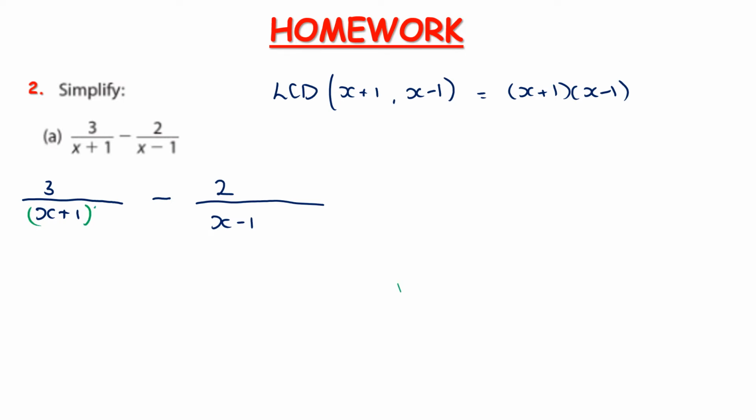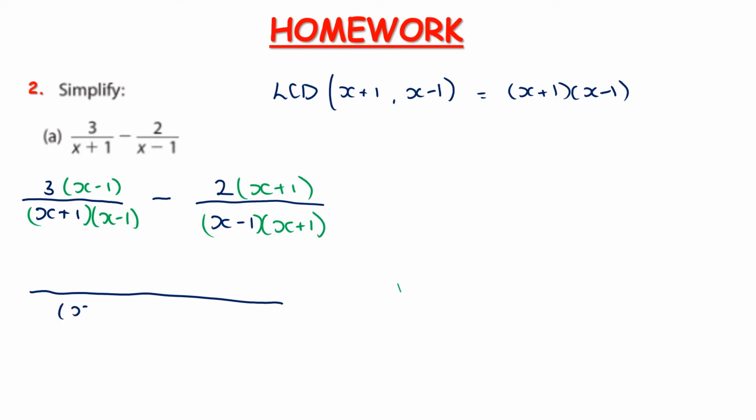The denominator has an x plus 1, so I'm going to multiply by an x minus 1, and the top line by an x minus 1. Here it has an x minus 1, so I'm going to multiply by an x plus 1, and x plus 1 up here on the top. My lowest common denominator is then (x plus 1)(x minus 1), and I get 3 times (x minus 1) minus 2 times (x plus 1).